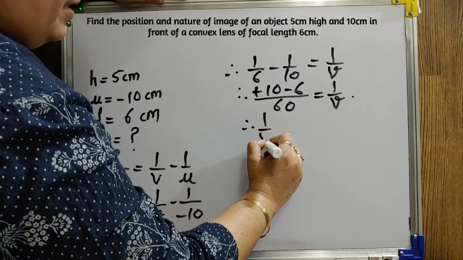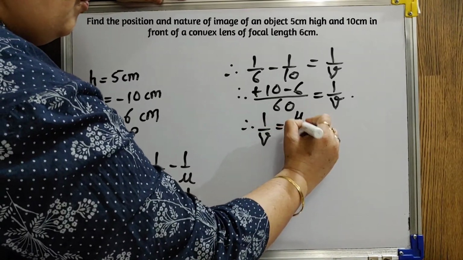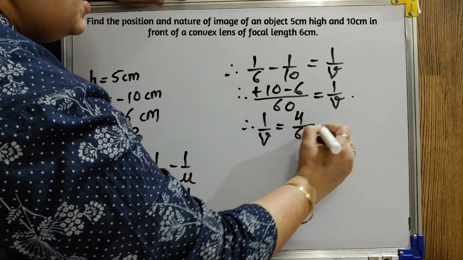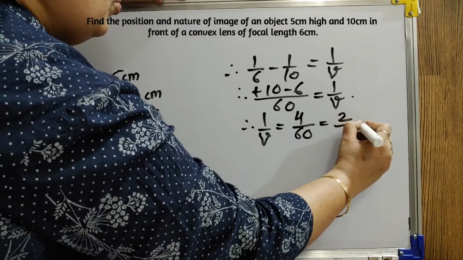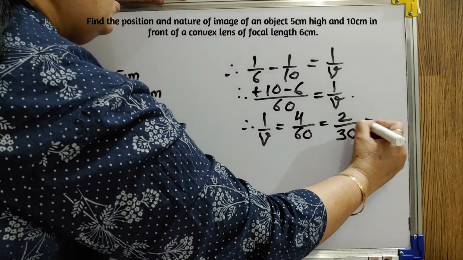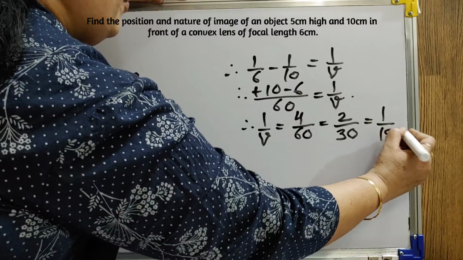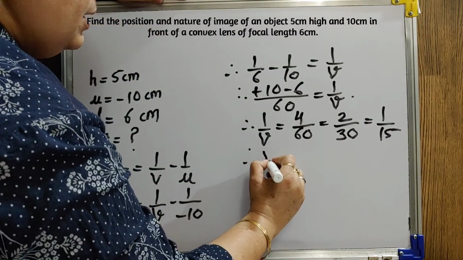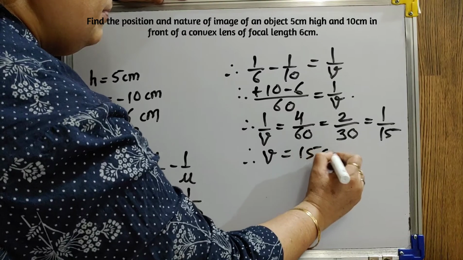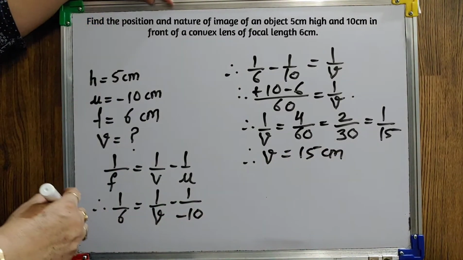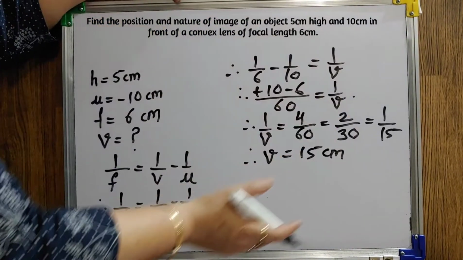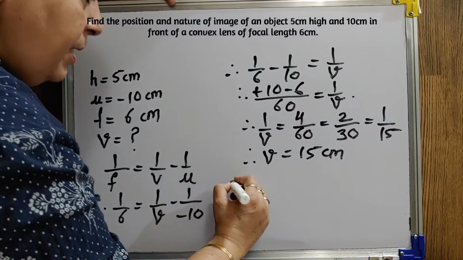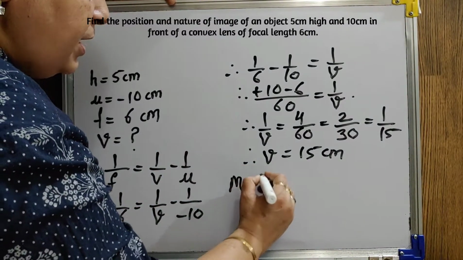So your 1 by v will be 4 by 60, that is 2 by 30, 1 by 15. So your v is 15 centimeter. v is positive, which means our image is on the right hand side. It is a real image.